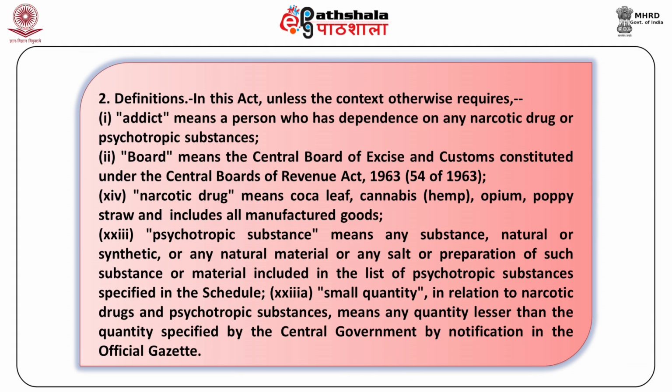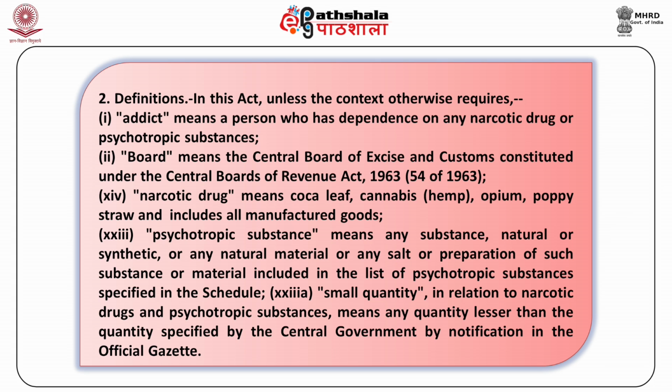Section 2. Definitions. In this Act, unless the context otherwise requires, addict means a person who has dependence on any narcotic drug or psychotropic substances. Board means the Central Board of Excise and Customs constituted under the Central Boards of Revenue Act 1963.